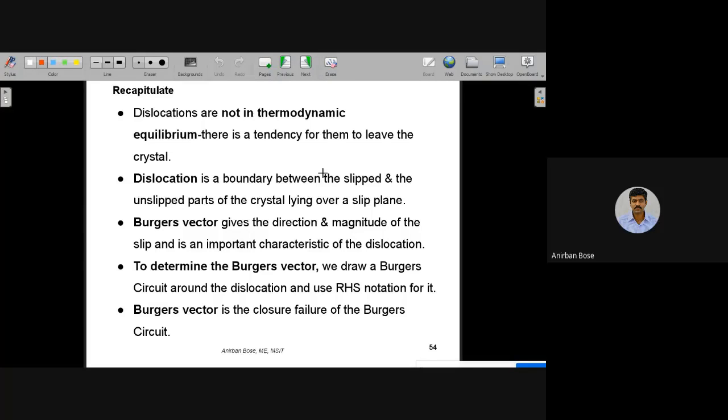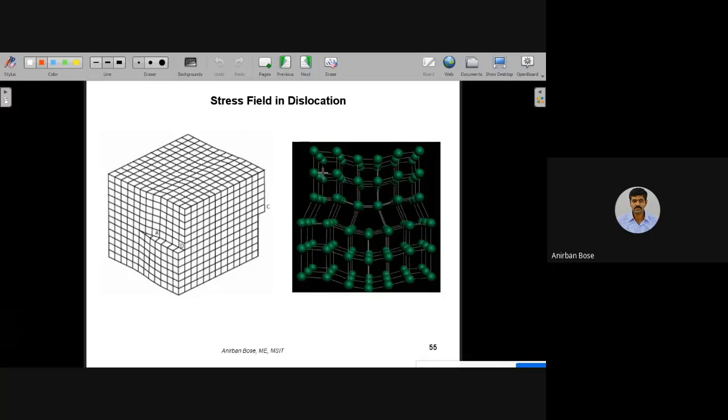Burger's vector is the closure failure of the Burger circuit. I think all these points are clear to everyone. Yes, sir. Clear.